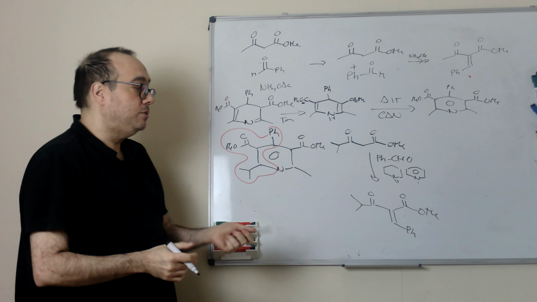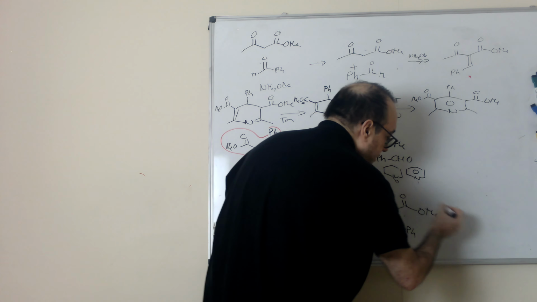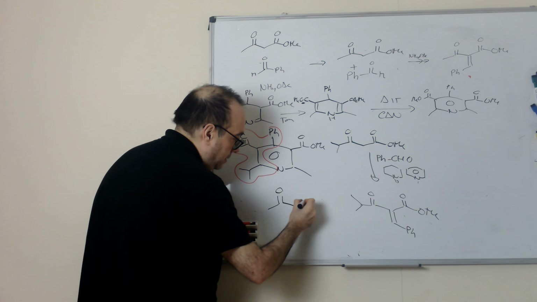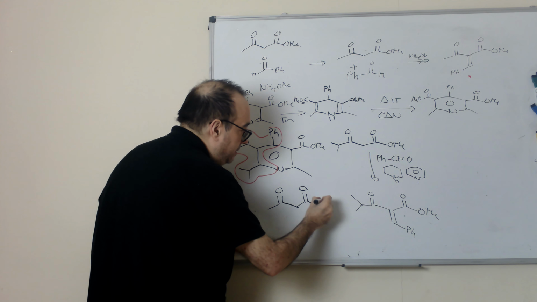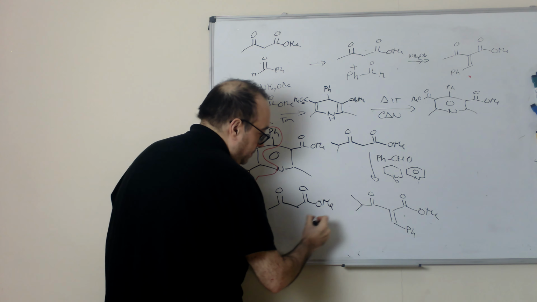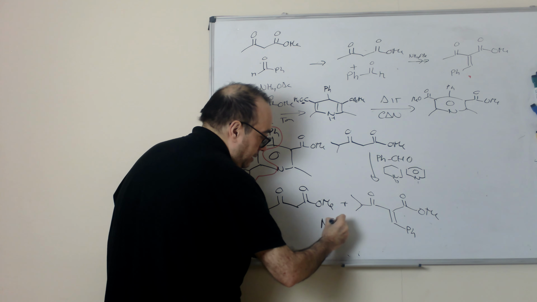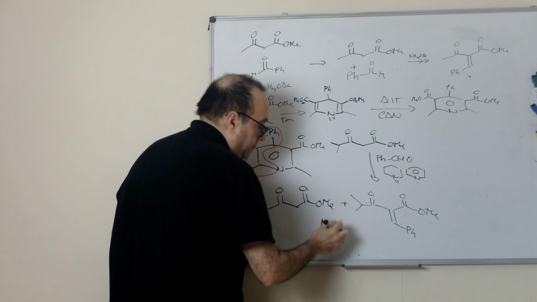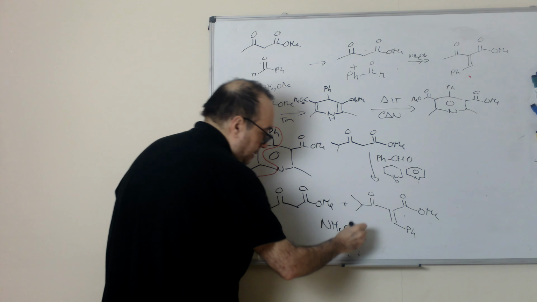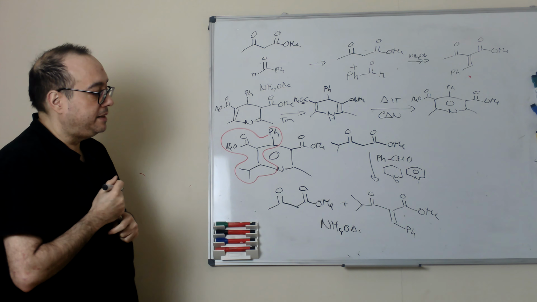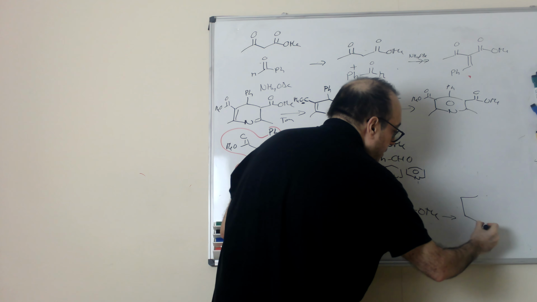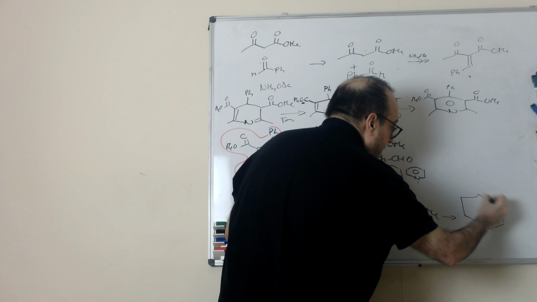And then what I do is add this Knoevenagel adduct to the other ketoester in ammonium acetate to generate the pyridine.